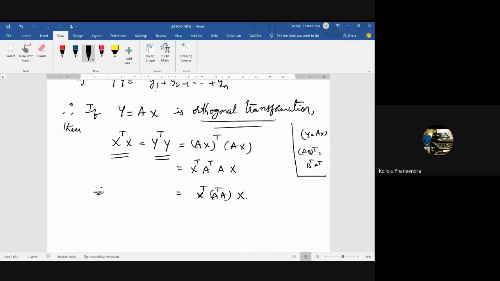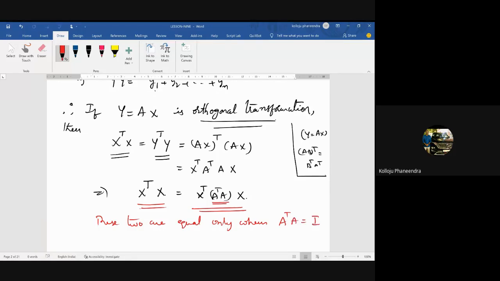This implies x transpose x equals this, and these two are equal only when this product A transpose A must be I. When this is I, x transpose I x is nothing but x transpose x.